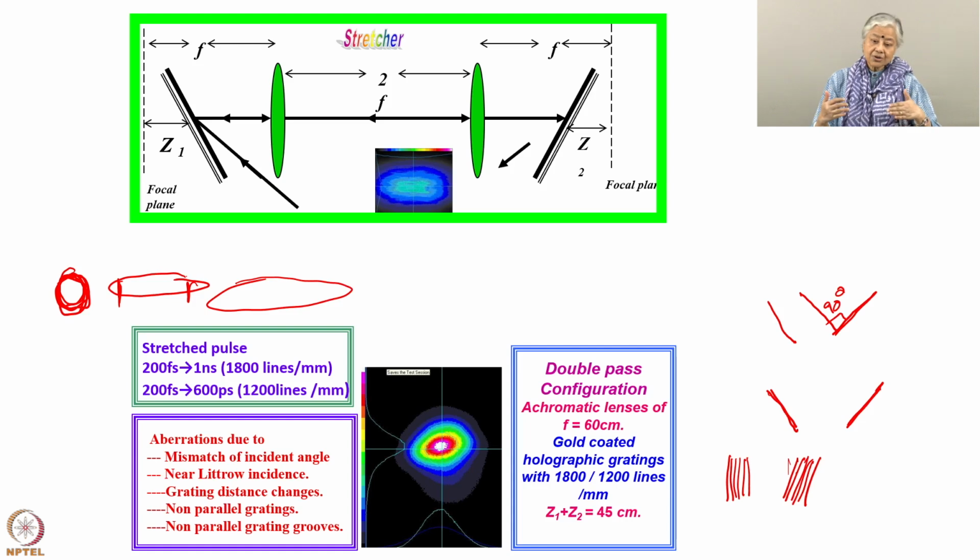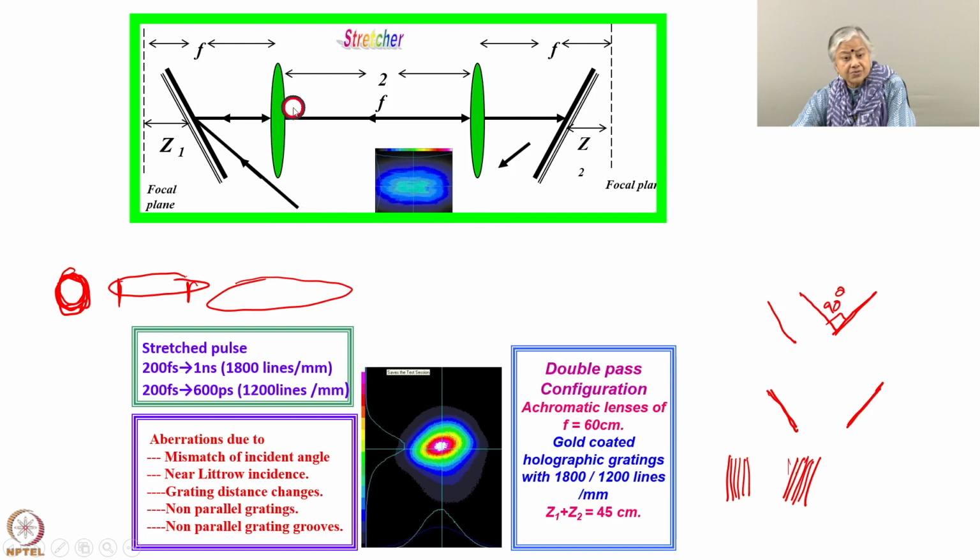So, it is a trade off between the number of lines and the spectrum that you are losing, and if you lose the spectrum, your final compression is not that good. You want to conserve the spectrum which is there.